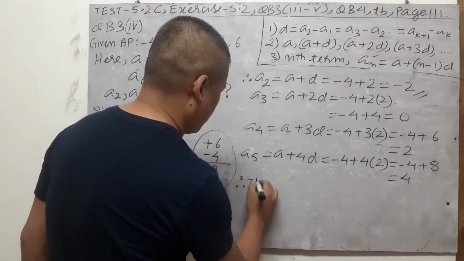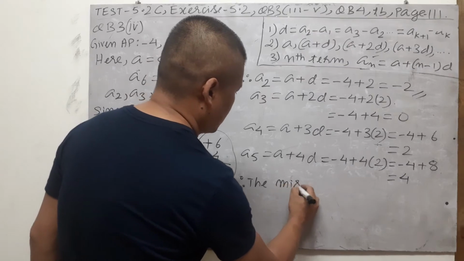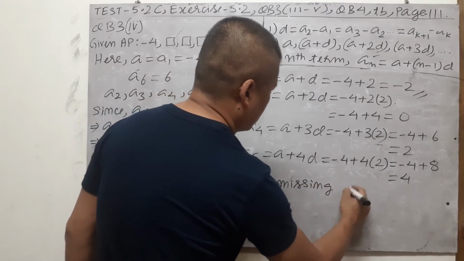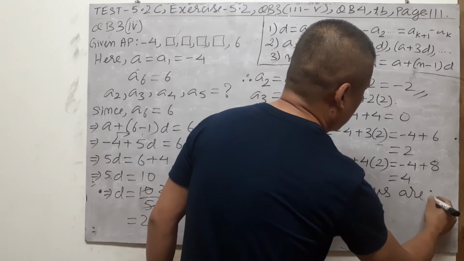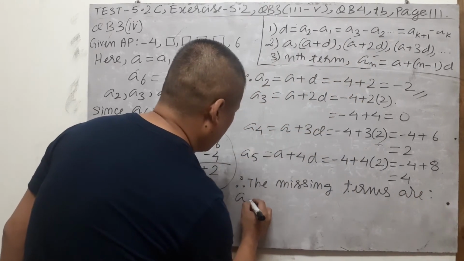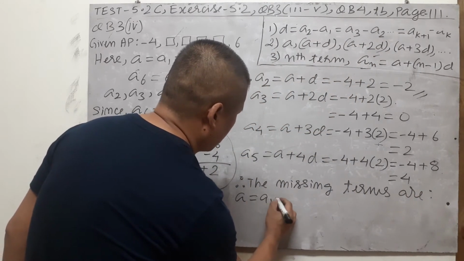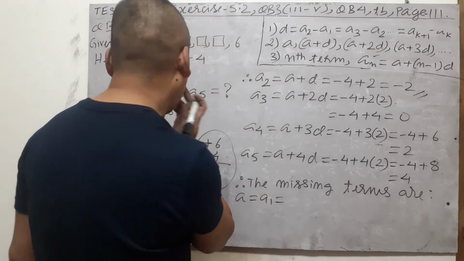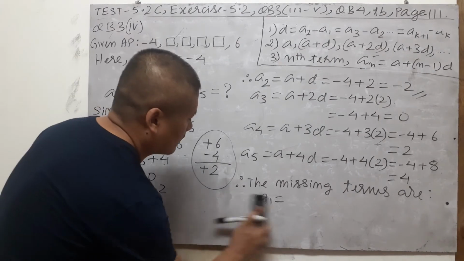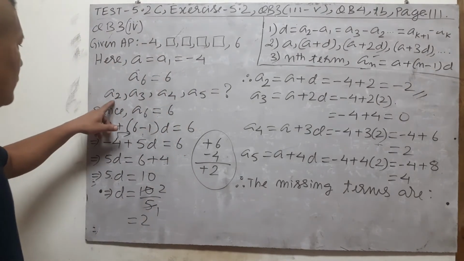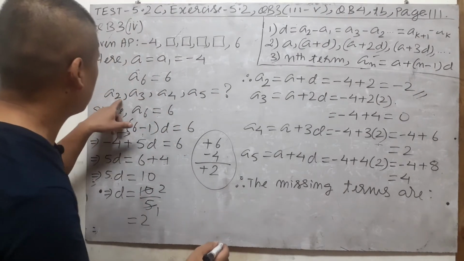Therefore, the missing terms, meaning the box values, are A1 or A, whatever you like. No, that's not the missing term, sorry. Already given here. Missing terms are these 1, 2, 3, 4.